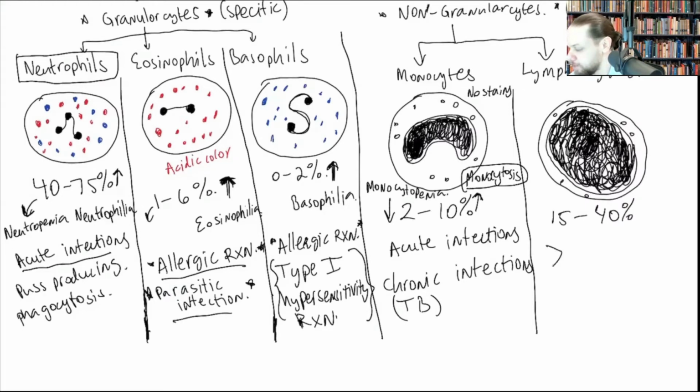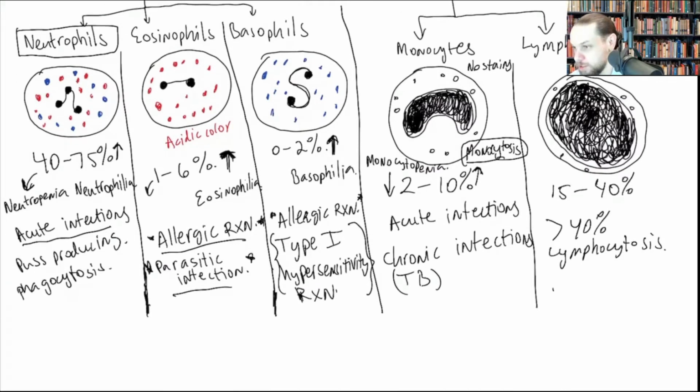If you have greater than 40%, the term will be lymphocytosis, same as monocytosis we saw here. Where do you see these elevations occurring? These elevations usually occur in viral infections and chronic bacterial infections.